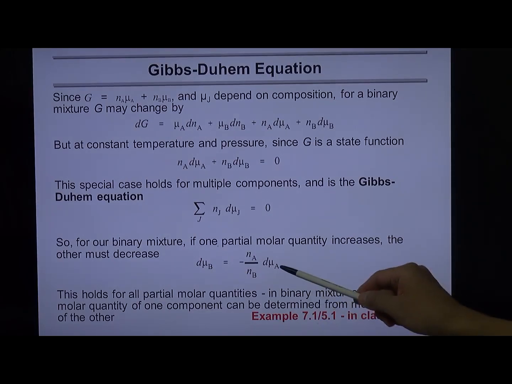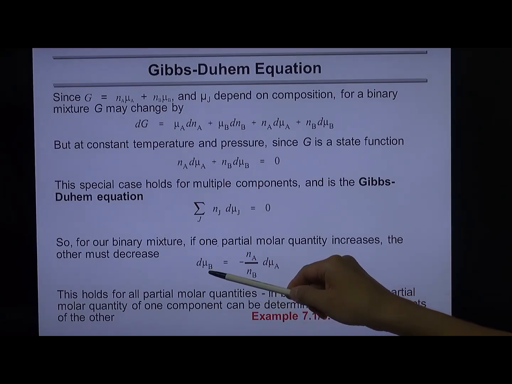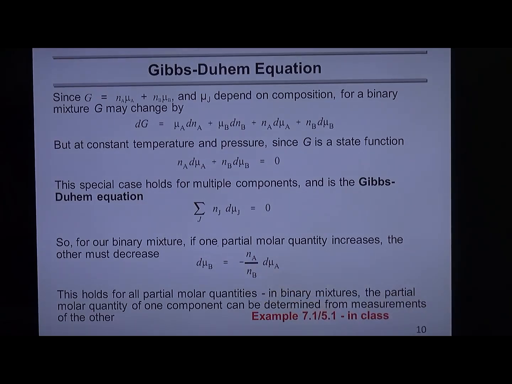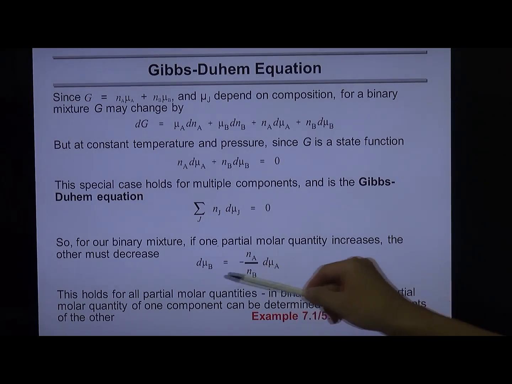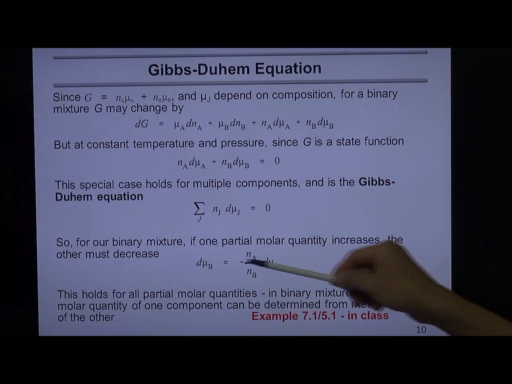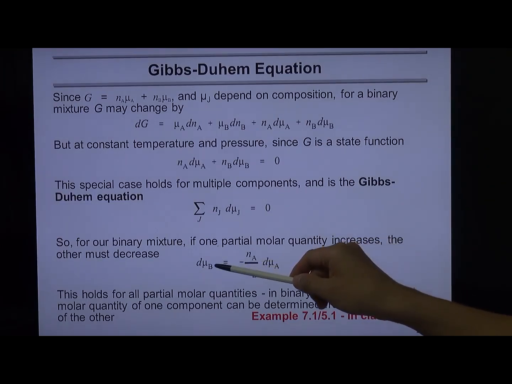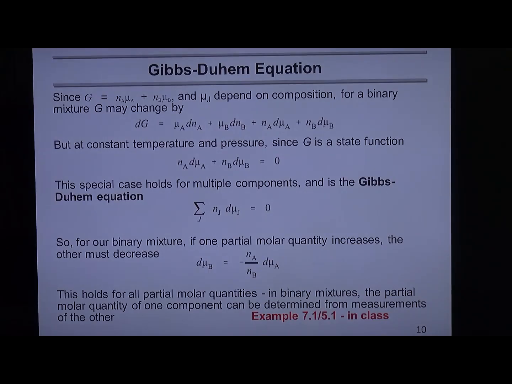If mu A decreases, mu B increases. They are interrelated. They cannot change independently. So that's the meaning of the Gibbs-Duhem equation. Chemical potentials of each substance in a mixture are interrelated. If one of them increases, the other should decrease.